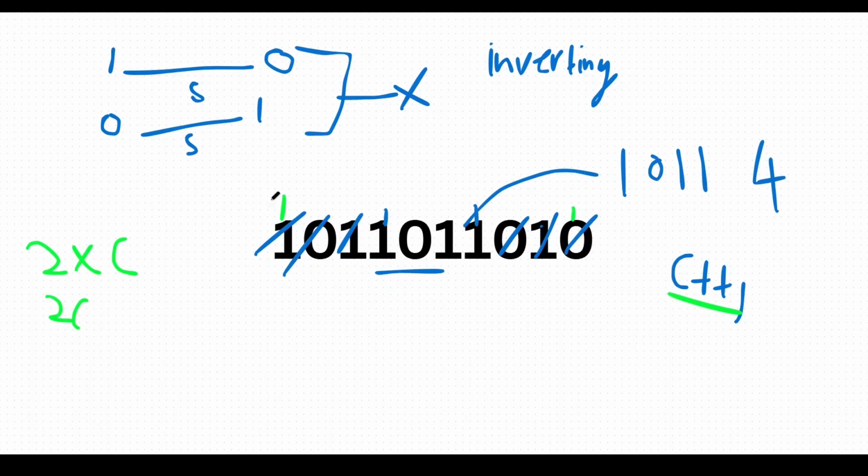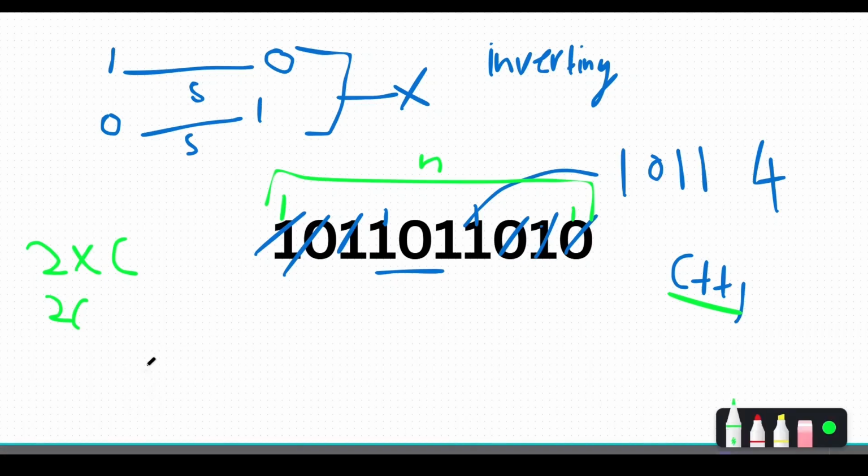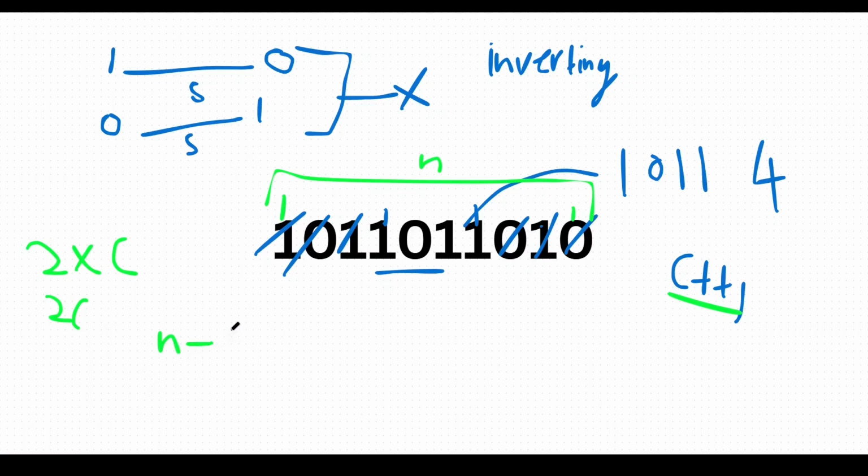And we also know that the length of the whole string is N. So we can just do N minus 2C to attain the size of our initial string. Now that we've understood the basic analogy on how to approach this problem, let's try to solve it.